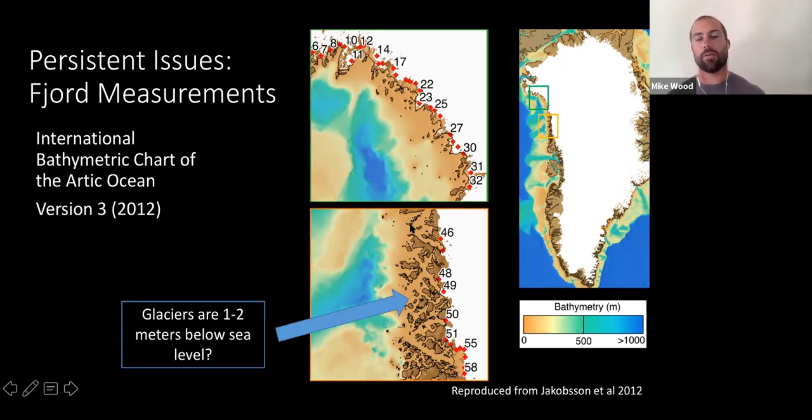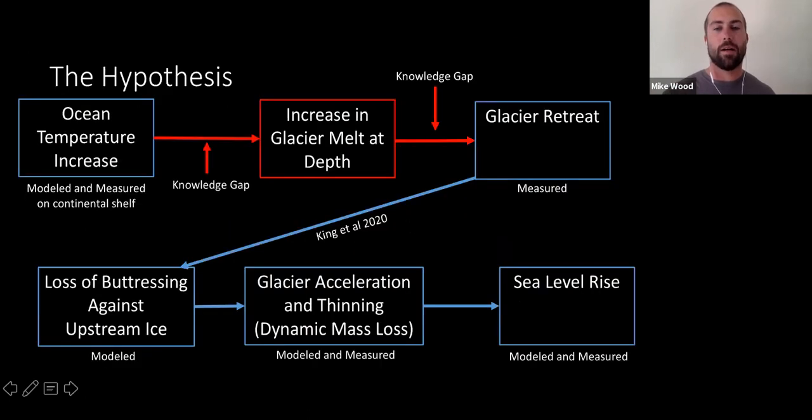So even if you were trying to model this, you would not be able to get ocean heat into these glaciers because the shape of the ocean floor wouldn't allow it. So from that standpoint, this link in the grounding line hypothesis was really lacking, and it was largely due to the lack of both temperature data and depth data.